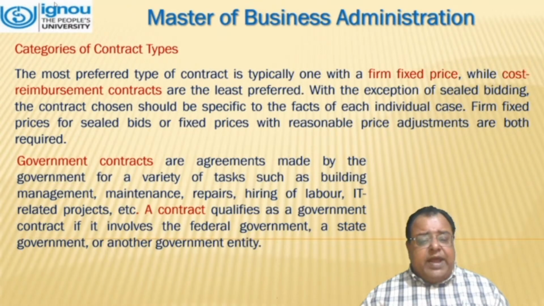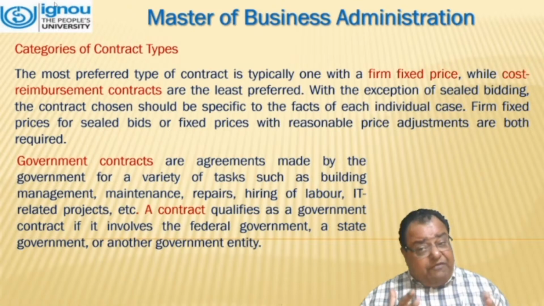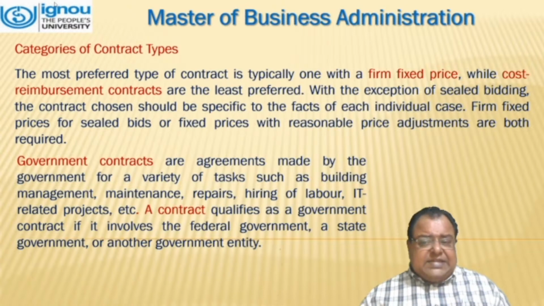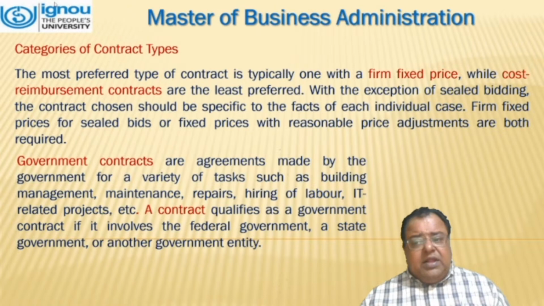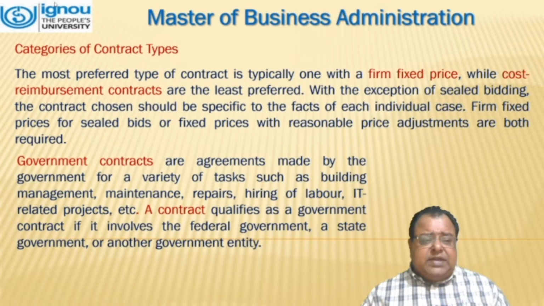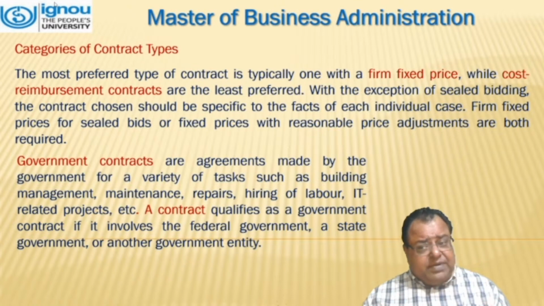The most preferred type of contract is typically one with a firm fixed price, while cost reimbursed contracts are the least preferred. With the exception of sealed bidding, the contract chosen should be specific to the facts of each individual case. For sealed bids, fixed prices or fixed prices with reasonable price adjustment are both required.